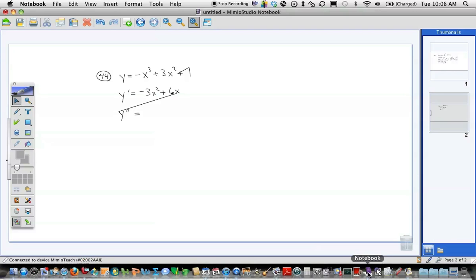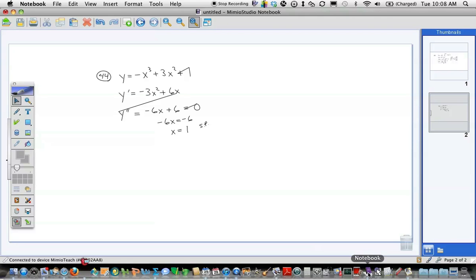So that'd be negative 6x plus 6 equals 0. Negative 6x equals negative 6. X equals 1. That's one of our candidates where the max should occur.